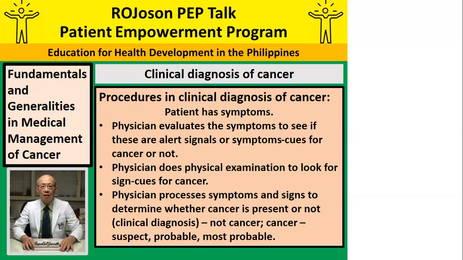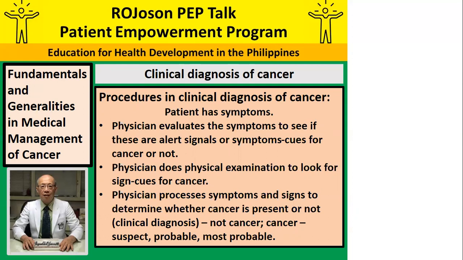These are the procedural steps in the clinical diagnosis of cancer, starting with the patient consulting with symptoms, and then the physician evaluates the symptoms to see if these are alert signals or symptom cues for cancer or not.